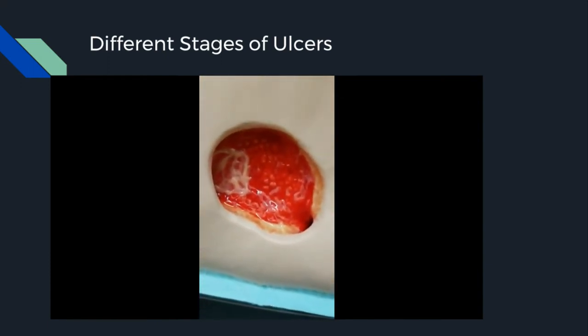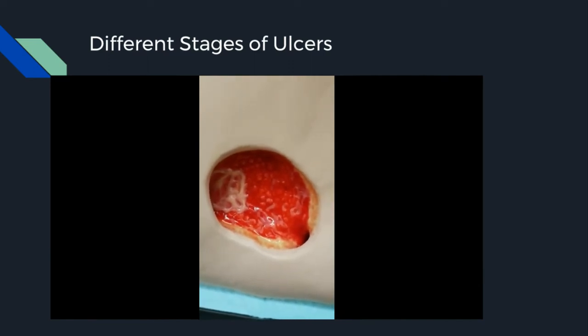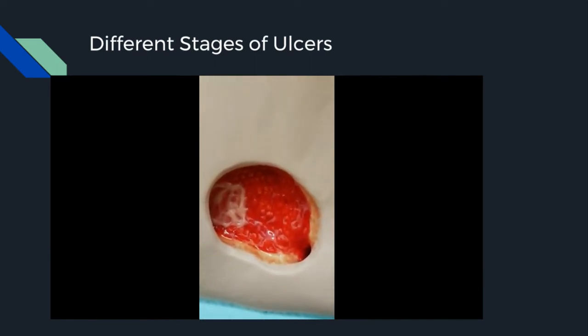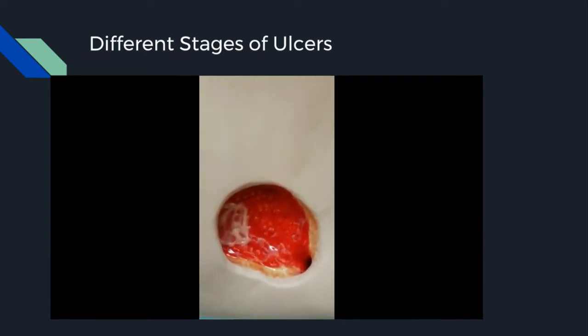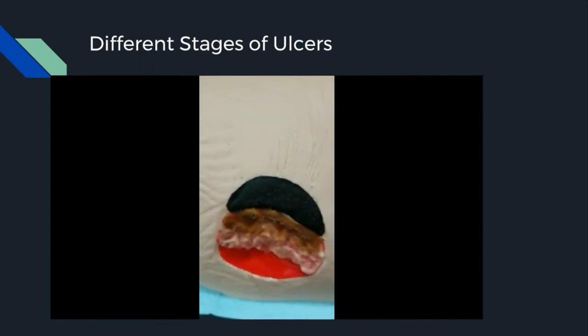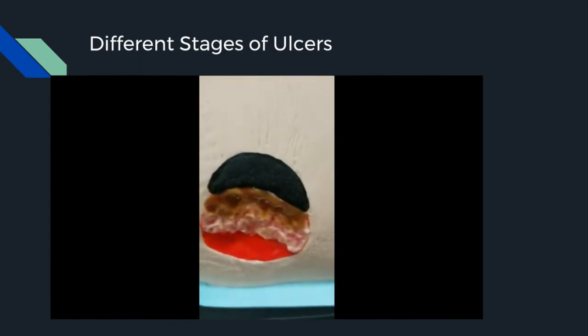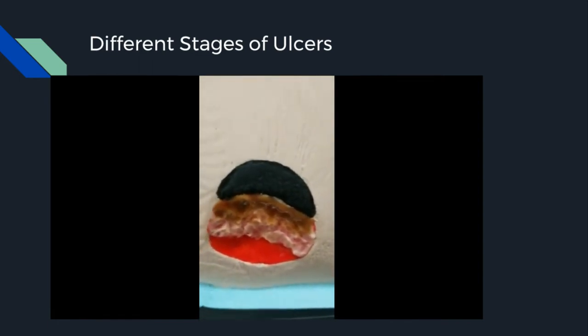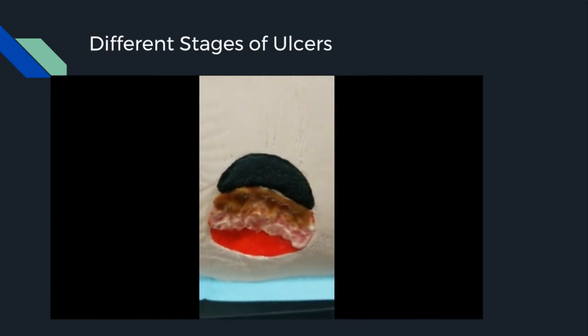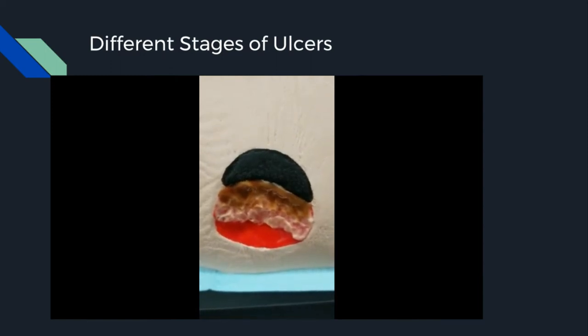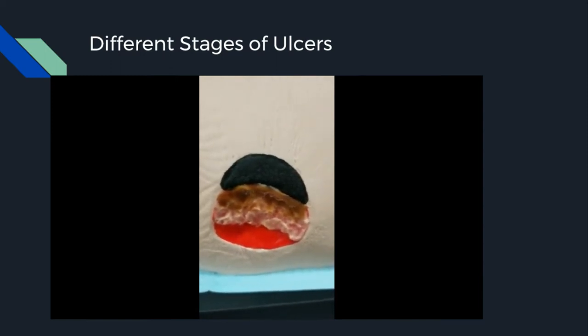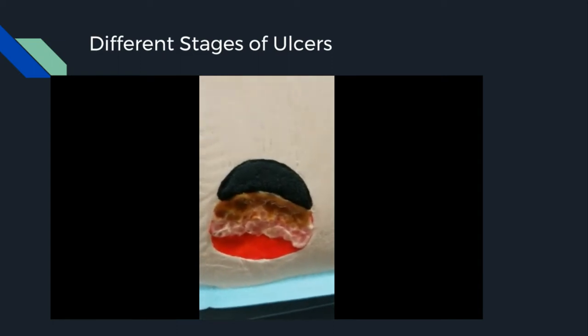Once again, this is a stage 3 pressure ulcer with subcutaneous fat, slough, granulation tissue, undermining, and tunneling present. I'm going to move on over to an unstageable pressure ulcer. It has eschar, slough, and it has more than 50% non-viable tissue, so that makes it unstageable. We're not able to stage this particular ulcer.